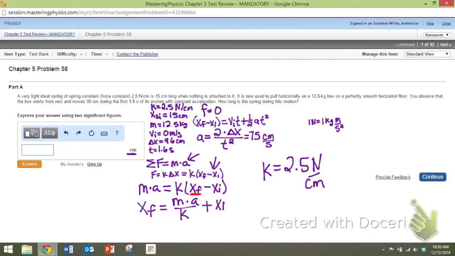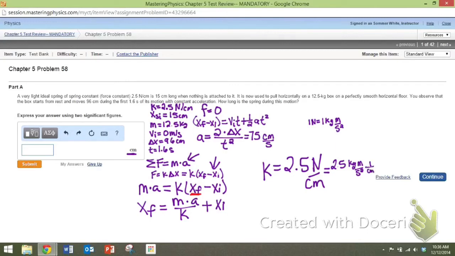So we are going to convert this 2.5 newtons per centimeter into something that's all in centimeters. All right, so 2.5, not newtons, sorry, kg m over s squared, times 1 over centimeters.